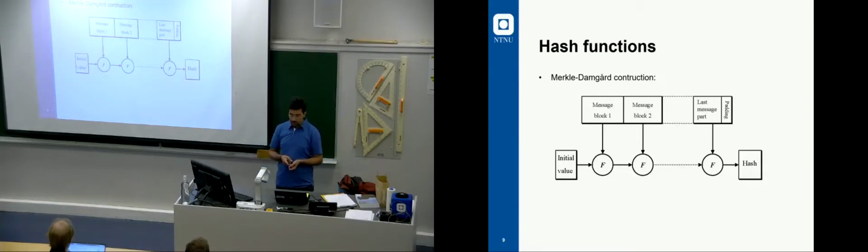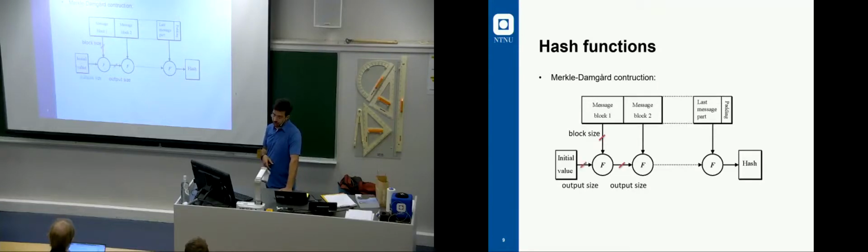We will tell you what bits we use for padding in a few slides. There's a block size, and the output size of the function will be the same as the size of the initial value, so that the outputs will be the same, and we will get at the end a hash with some fixed length.